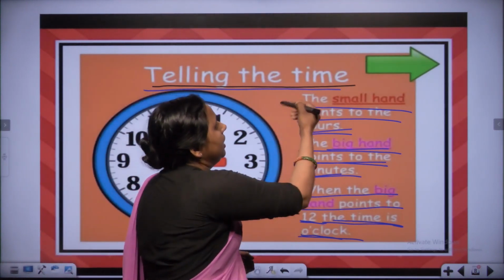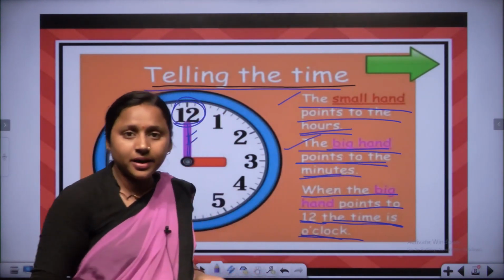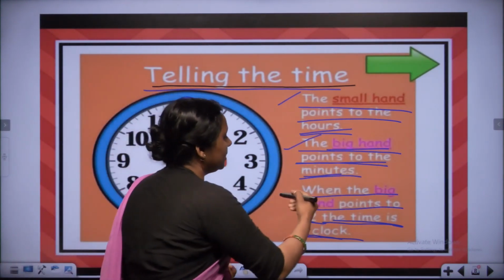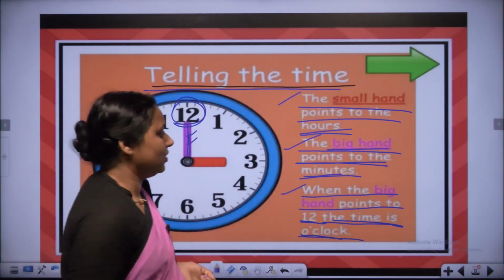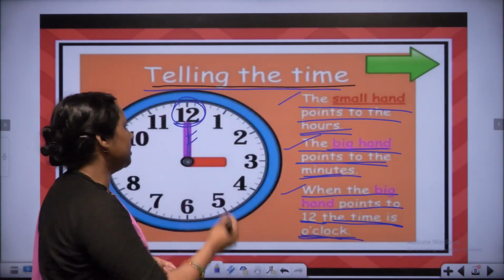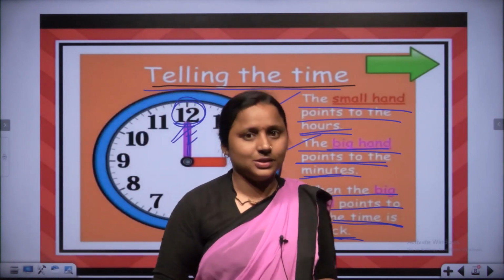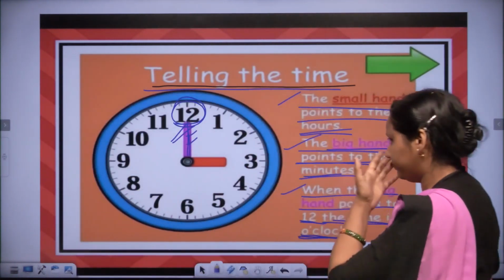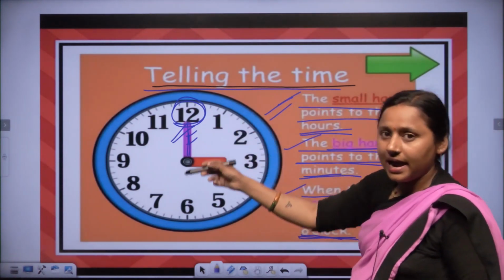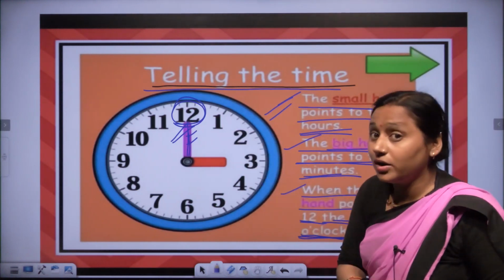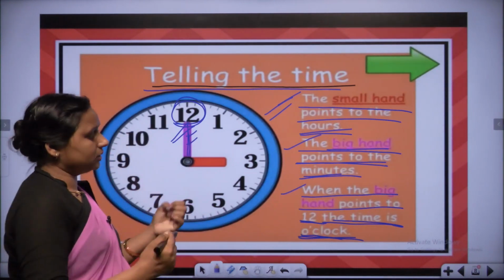Okay, small hand, hour hand. Big hand, children, minute hand. When the big hand goes to 12, what do we read? O'clock. All of you understand? Yes. When the minute hand goes to 12, what do we read, children? O'clock. Okay?